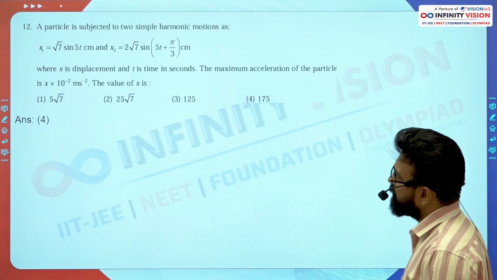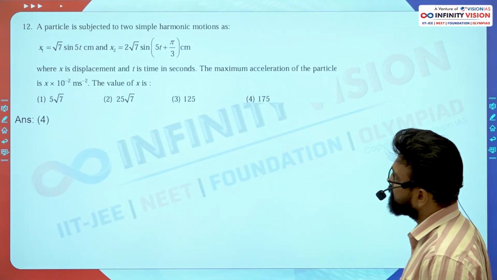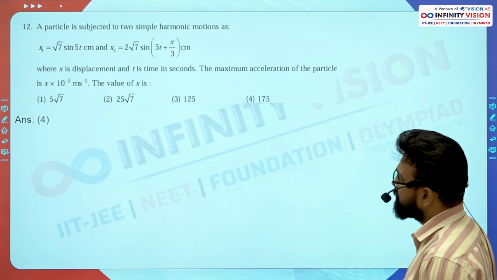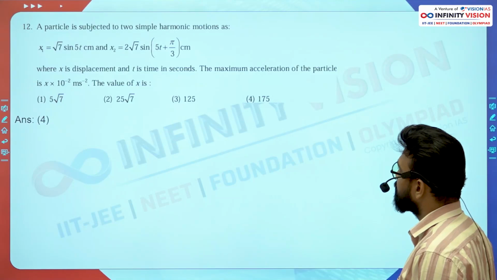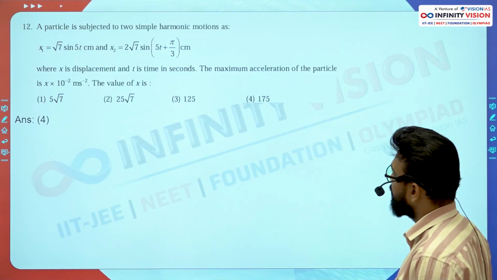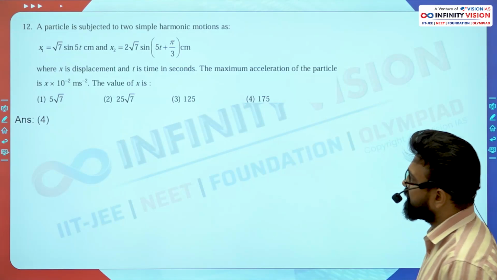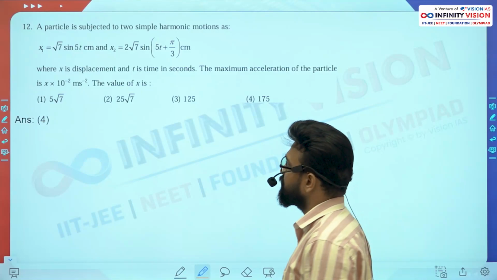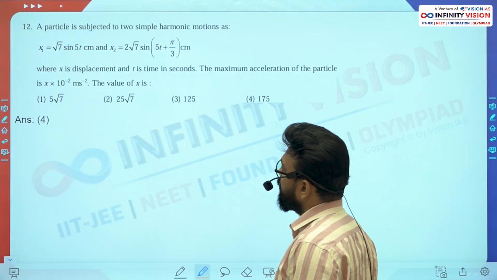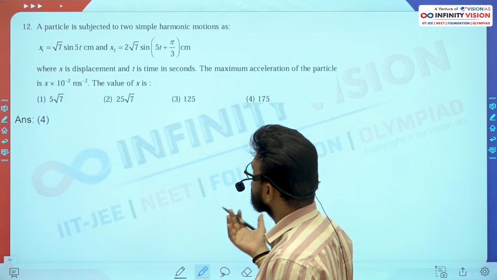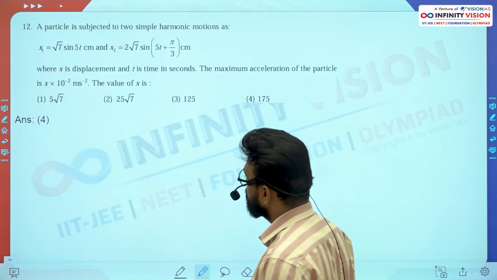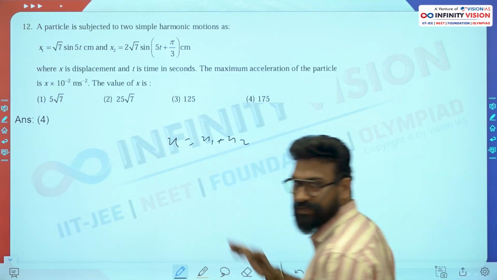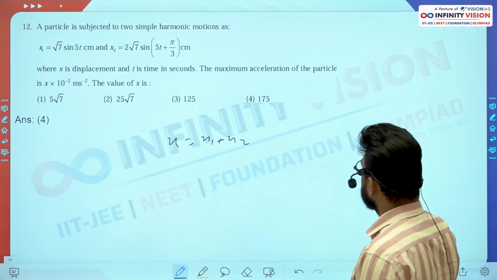Next, x1 and x2 are the two simple harmonic waves which are given to you, where x is the displacement in centimeters and t is time in seconds. The maximum acceleration of the particle is, the resultant of these two would have maximum acceleration. So how can you calculate the resultant displacement x, which is x1 plus x2, using a phasor diagram?